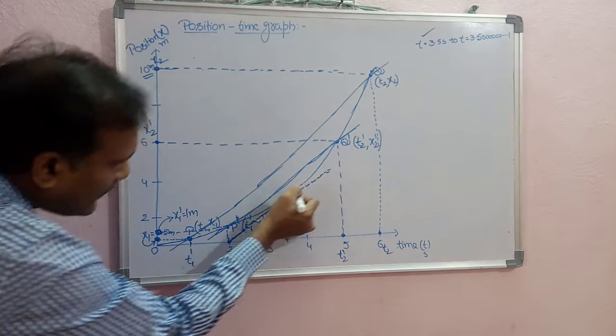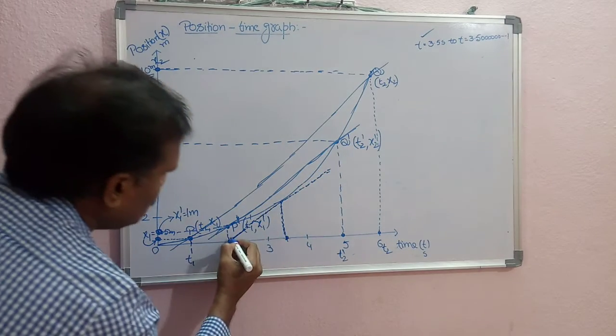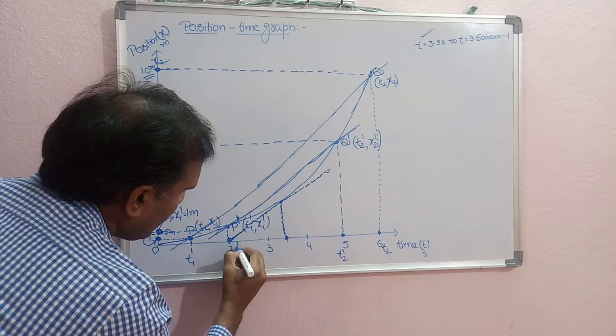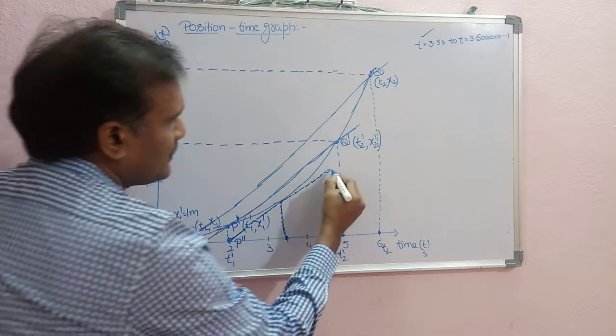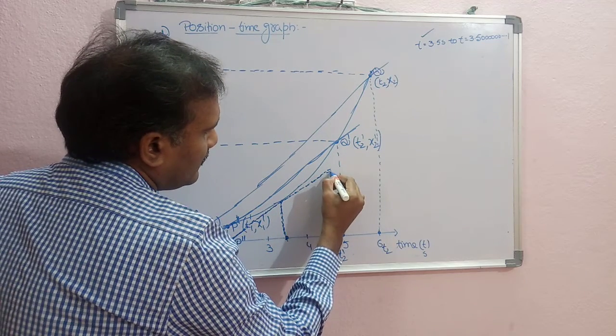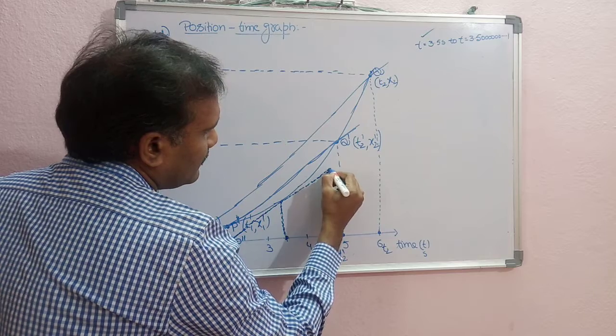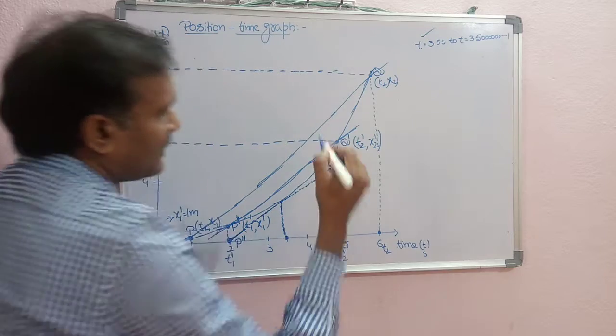Now, I want to take it as P double dash and it is Q double dash.